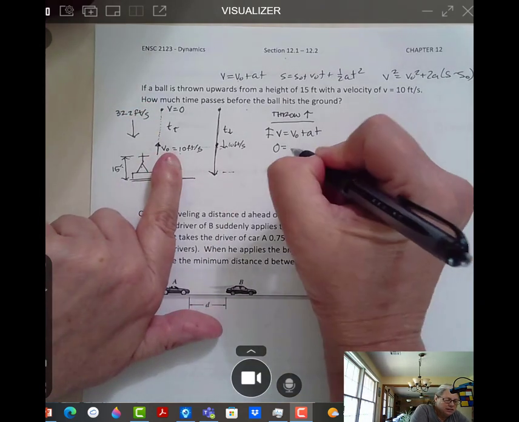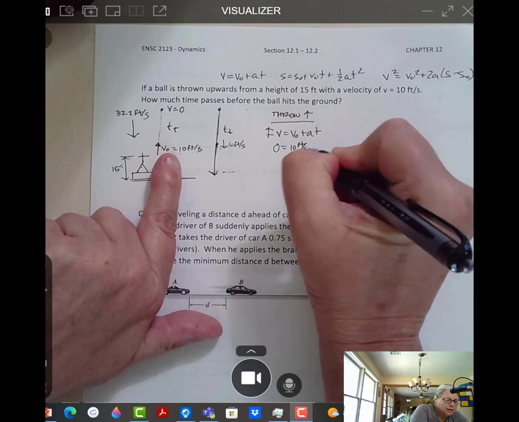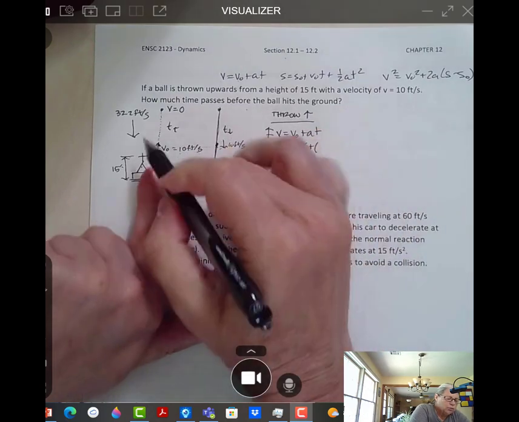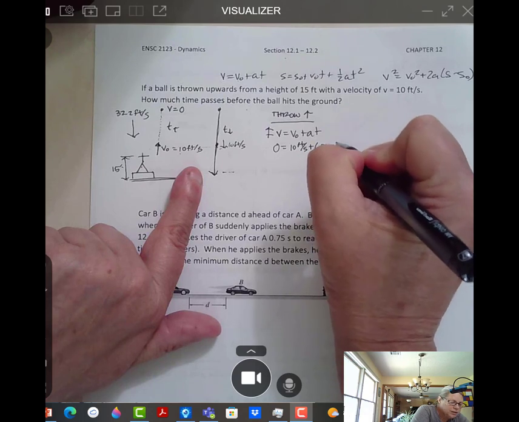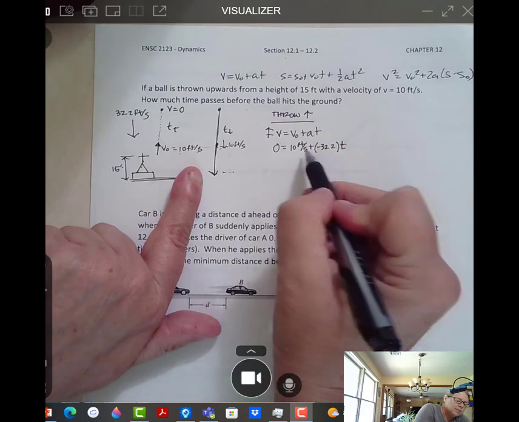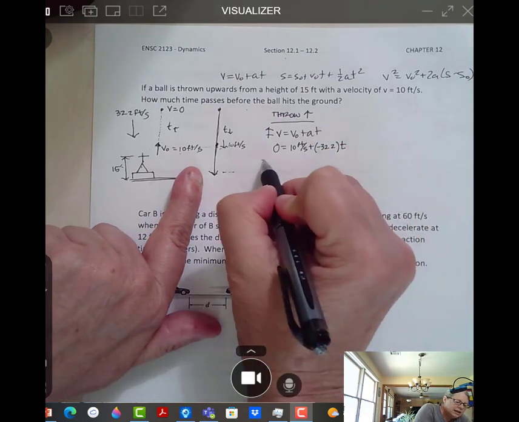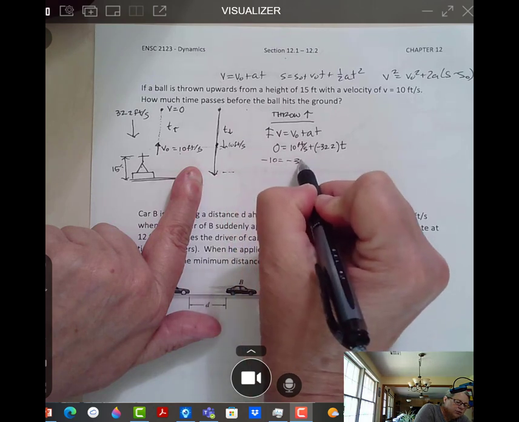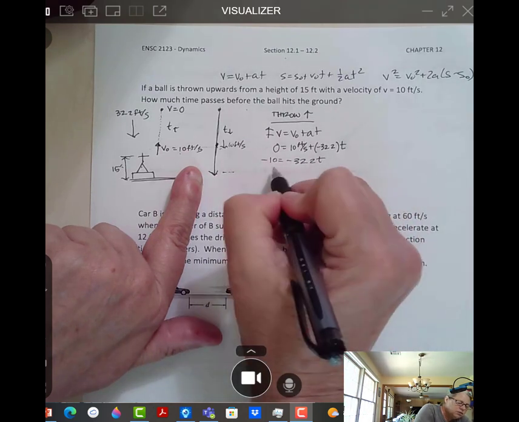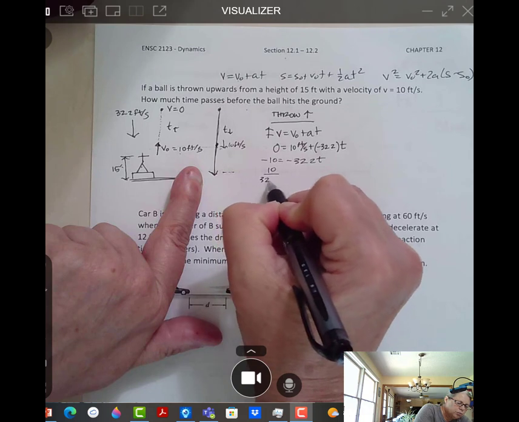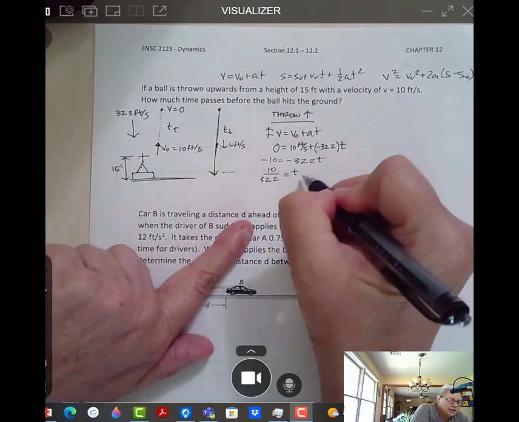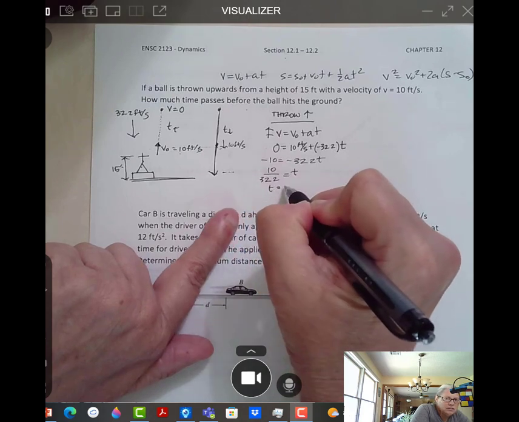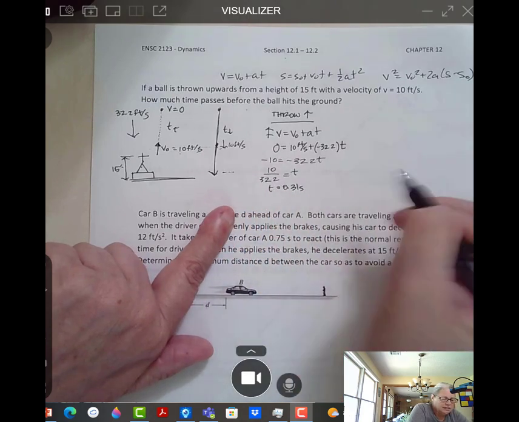My initial velocity is 10 feet per second, plus my gravity is working down, so it's a negative 32.2 feet per second squared times time. So as I pull this over, I get negative 10 equals negative 32.2 t. So 10 over 32.2 equals time. So I can quickly find that my time equals 0.31 seconds.